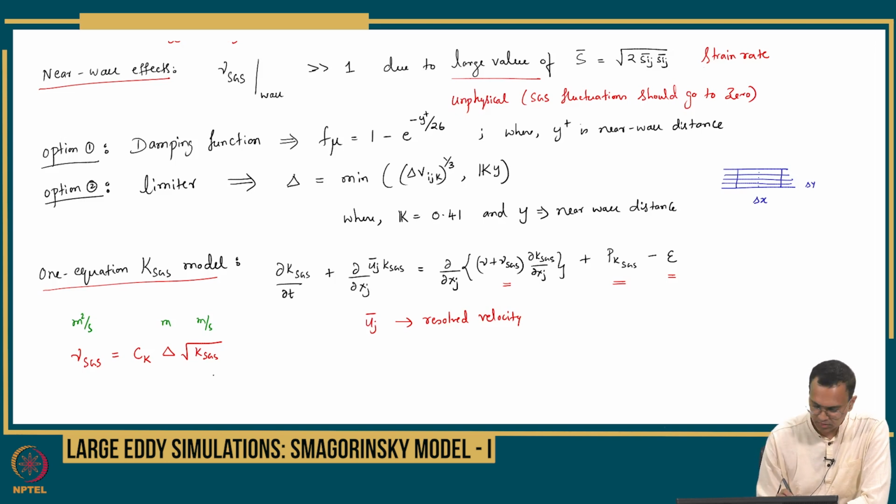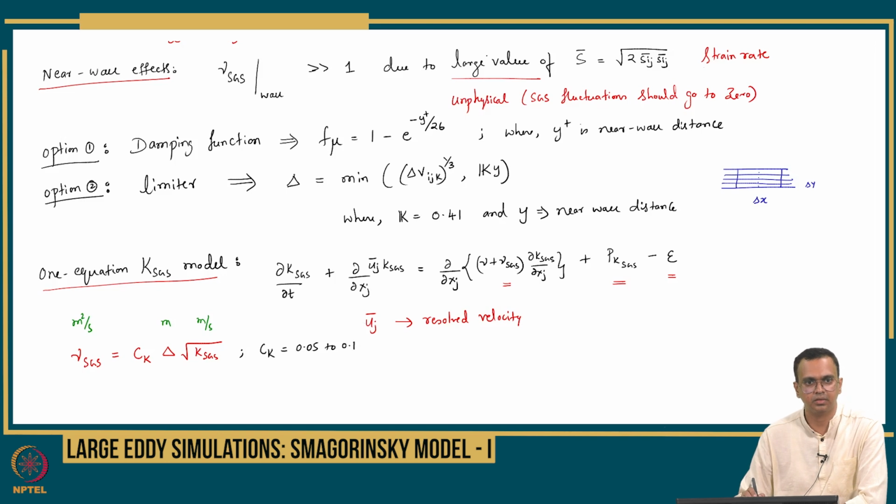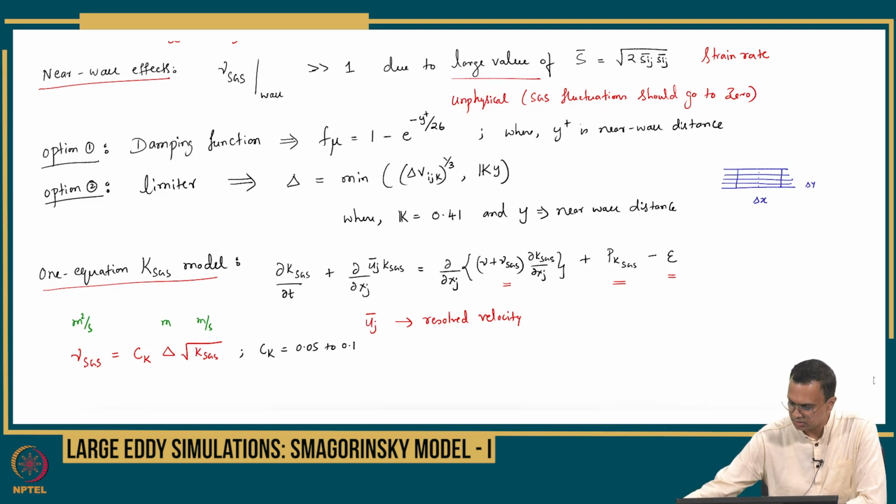Here of course the C_k value changes from 0.05 to 0.1 in different codes while implementing, or is flow dependent, and delta is the same as before, it is the filter size.